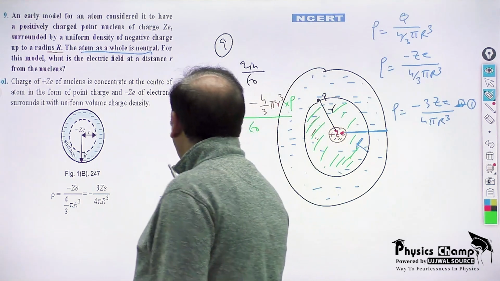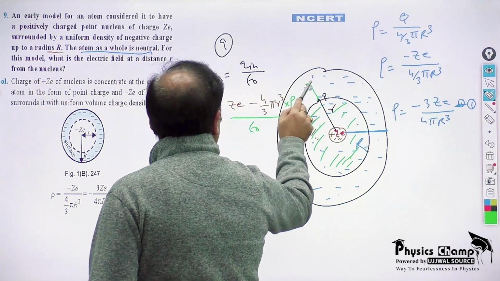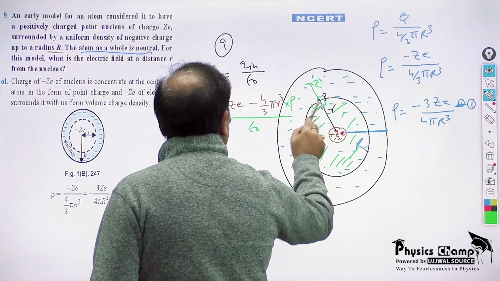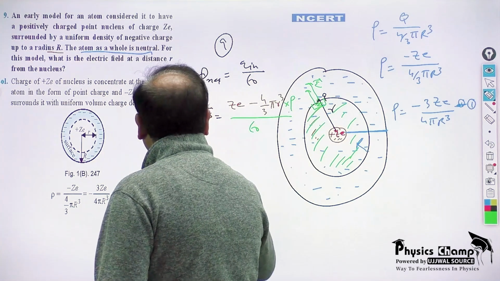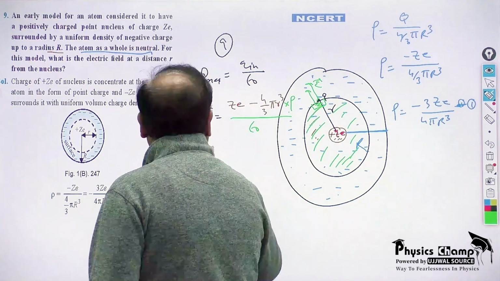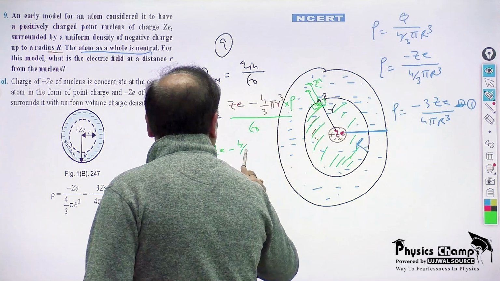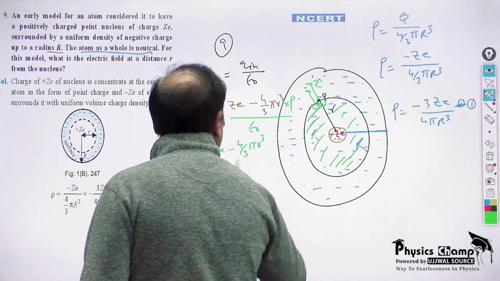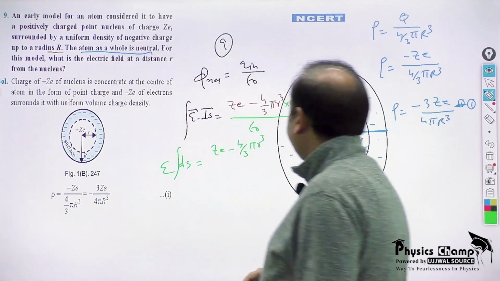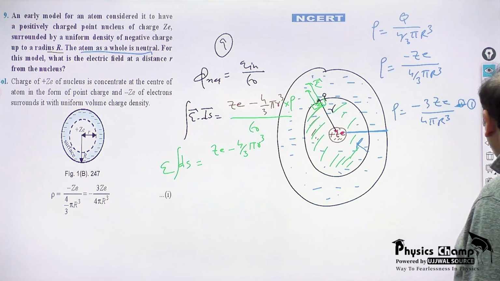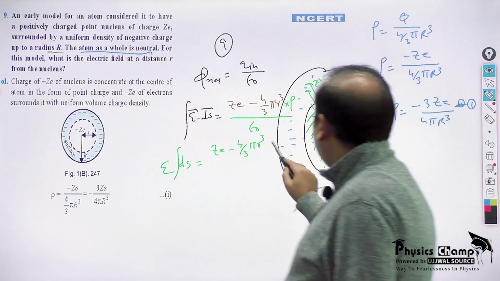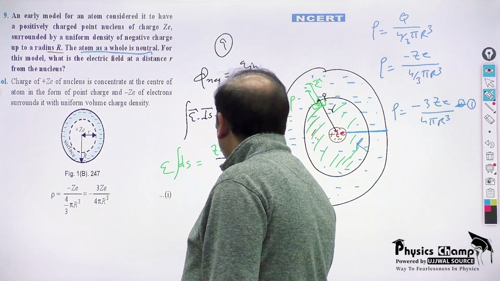Now the electric field is out, the area vector is also out, so E ds cos 0 is equal to Ze minus 4/3 pi small r cube into rho by epsilon naught.